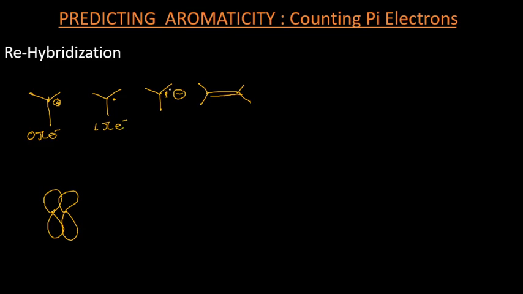And over here we have 2 pi electrons in the p orbital. Here we have 2 pi electrons as well. Two pi electrons.